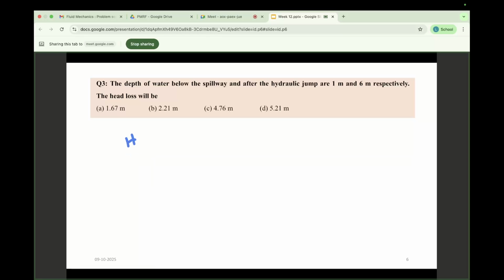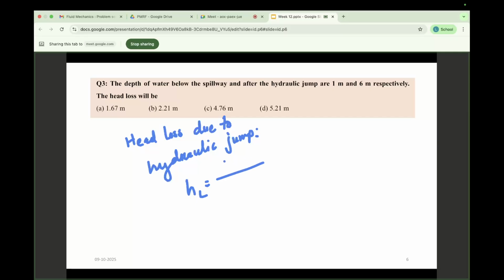The formula for head loss due to hydraulic jump: HL equals Y2 minus Y1 whole cube by 4 Y1 Y2. So what are Y1 and Y2?